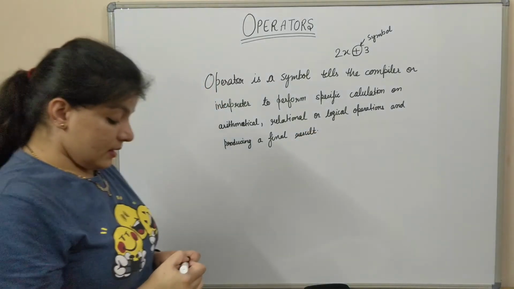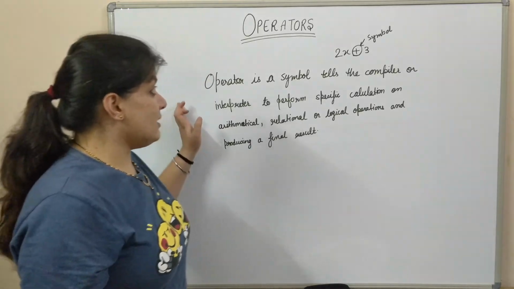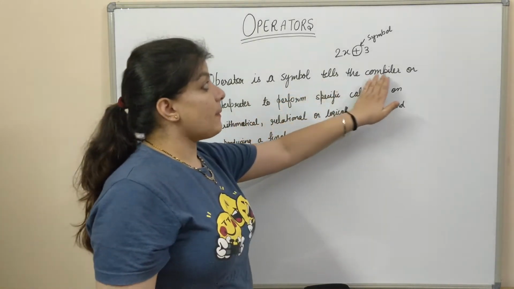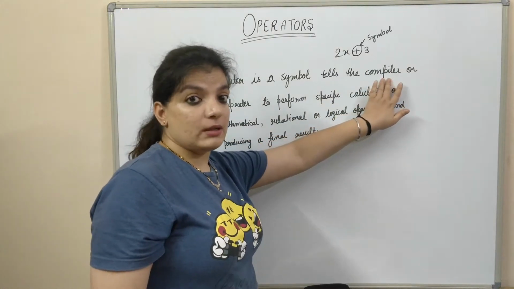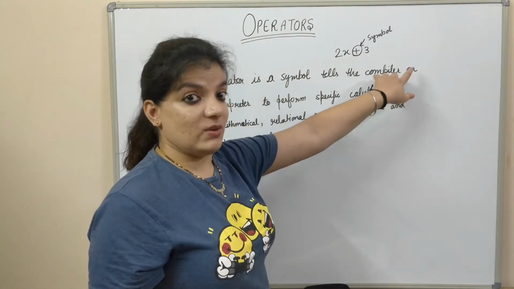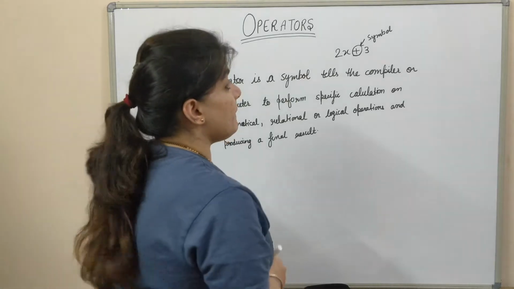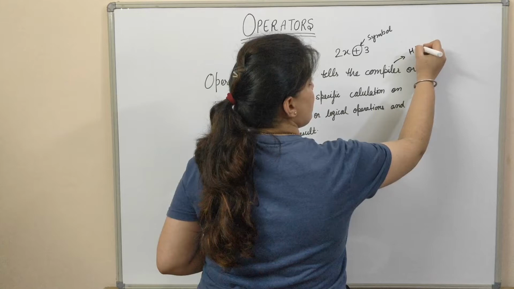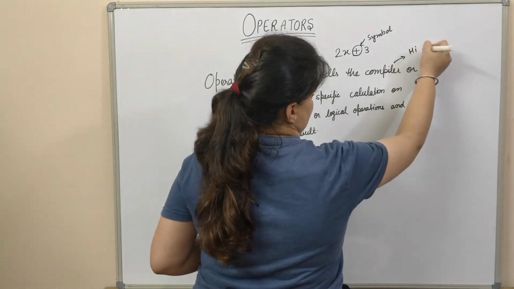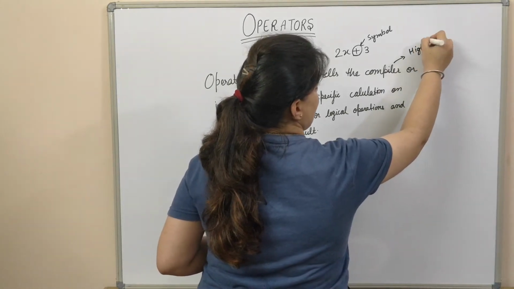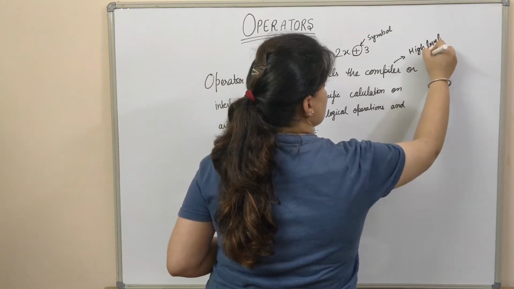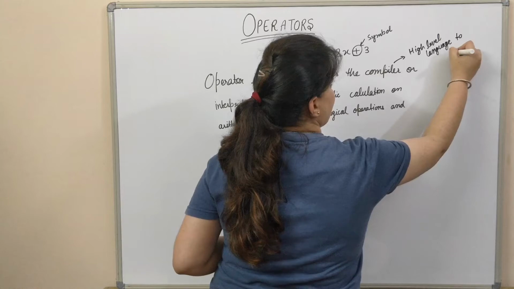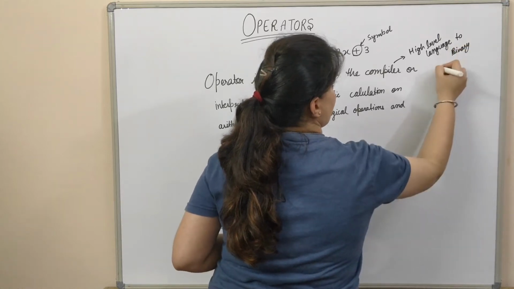So you understood this definition. An operator is a symbol that tells the compiler. You know about the compiler. A compiler is basically used to convert high level language, meaning programming language, to binary format.